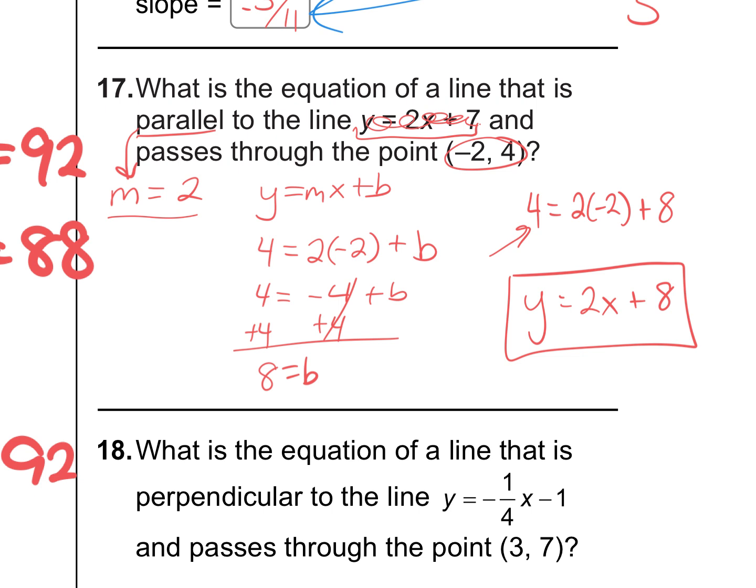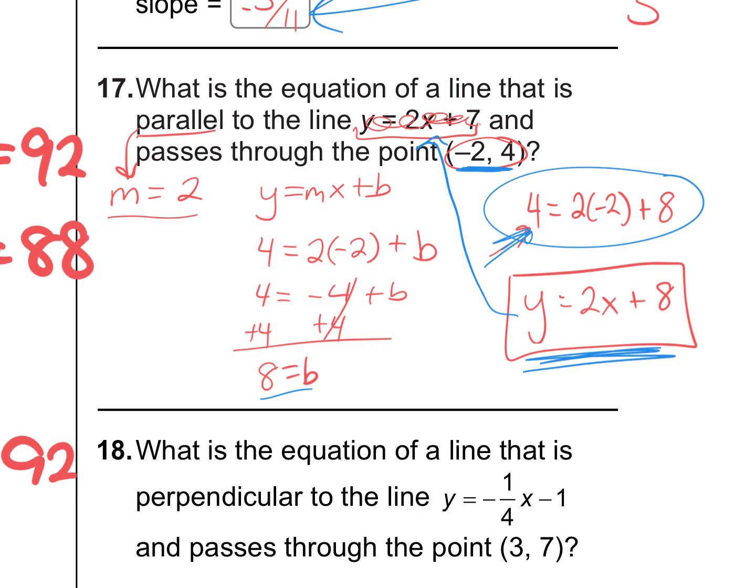The reason I did this is because I see this from multiple people. They plugged everything in. That is a true statement, but that's not the equation that I want. So you're not wrong by this, but I want an equation that's similar to the one we started with. The only reason you use this x and y is to find what your b is. We don't need them for anything else.